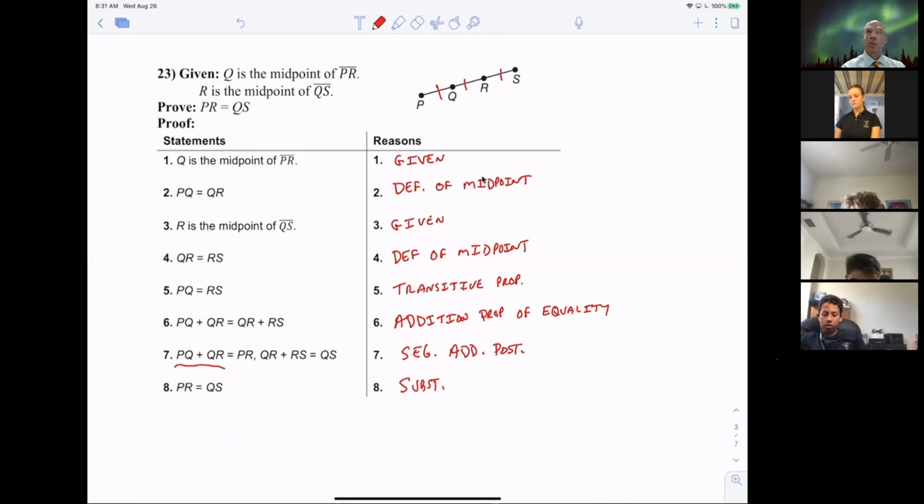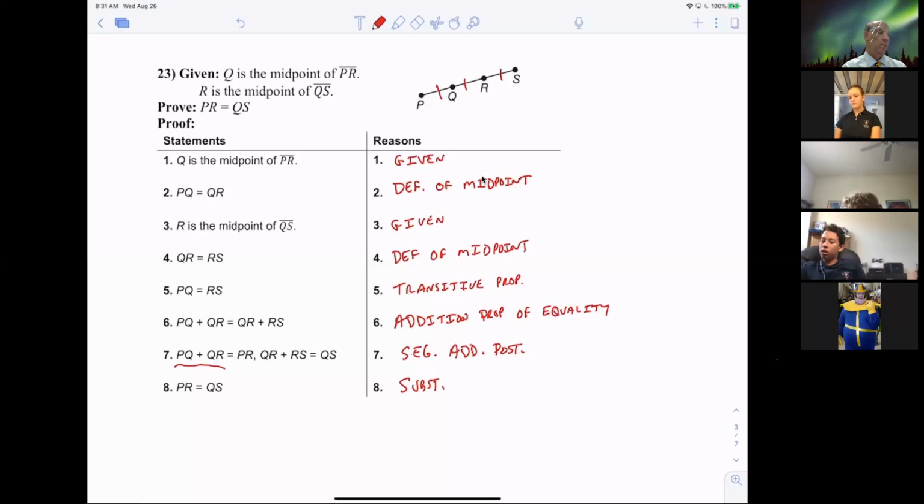Why is PQ equal to QR? Pretty good, guys. 23. I don't think that's too bad.